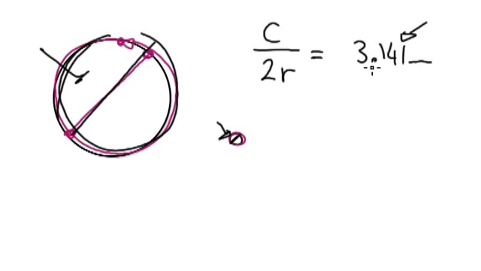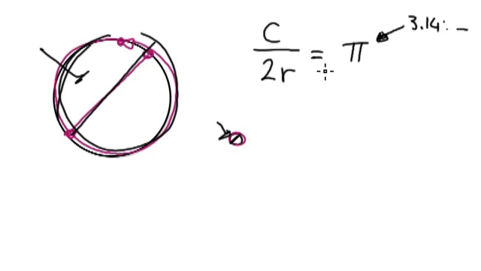The thing is, rather than having to write 3.141 blah blah blah all the time, we give it a special symbol, pi. So it's a lot quicker just to write pi. Every time you see pi, just know in your mind that pi is 3.141 blah blah blah.